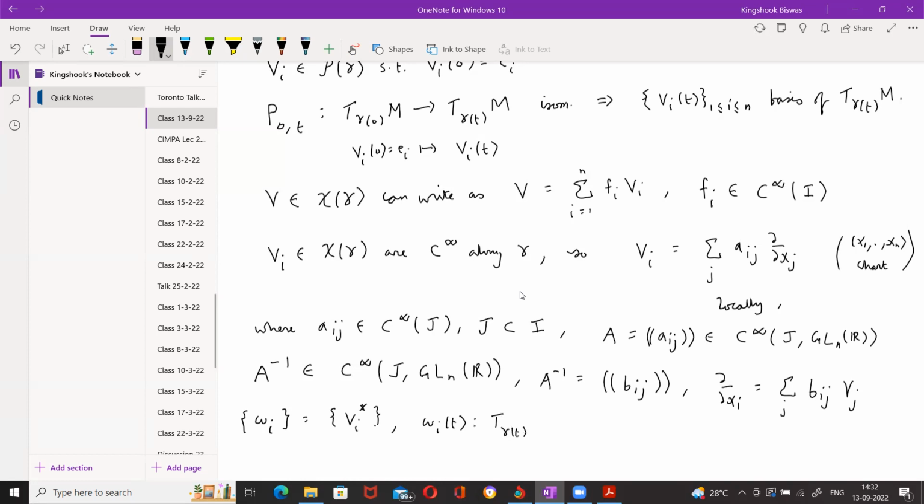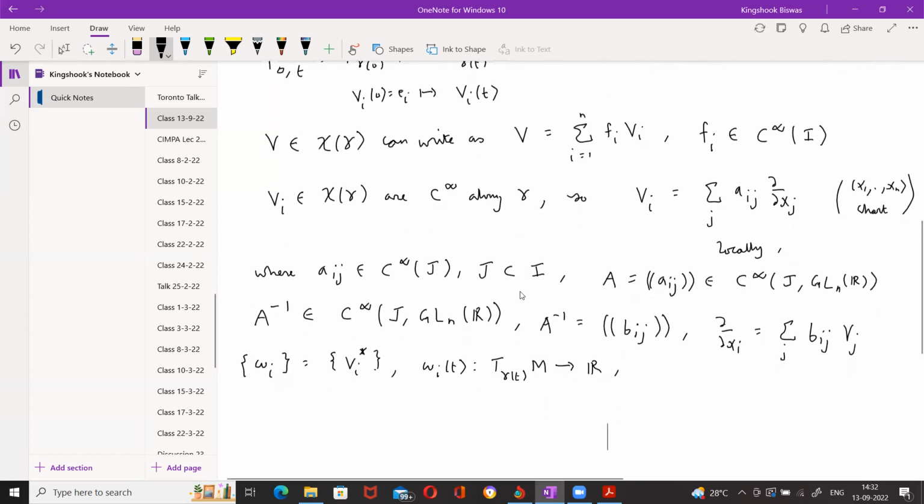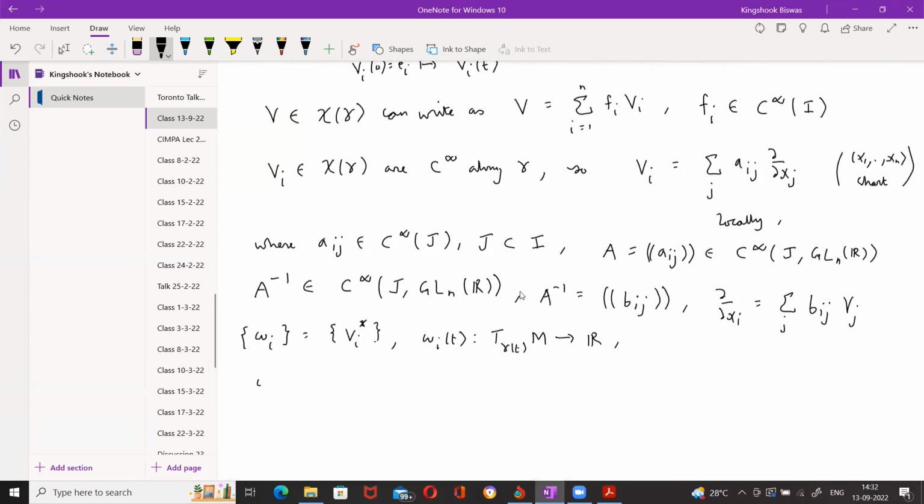So this goes from T gamma TM to R. And this is defined by the property that omega I of Vj is delta Ij. So yeah, I guess in the end, it'll just boil down to the same argument. Yeah, that's what I'm asking. I have to do the same.